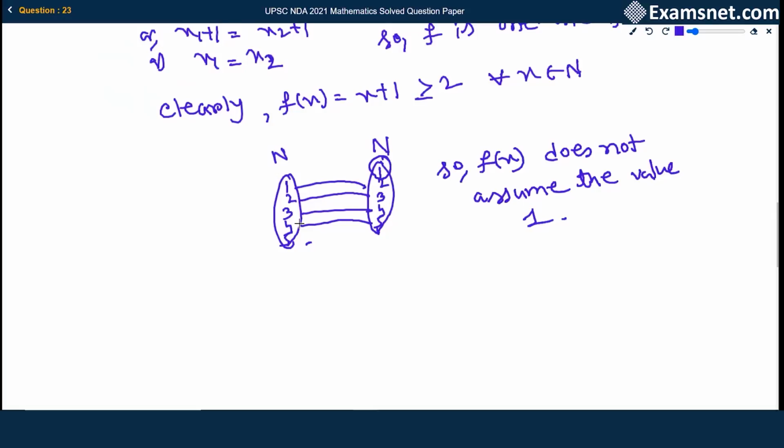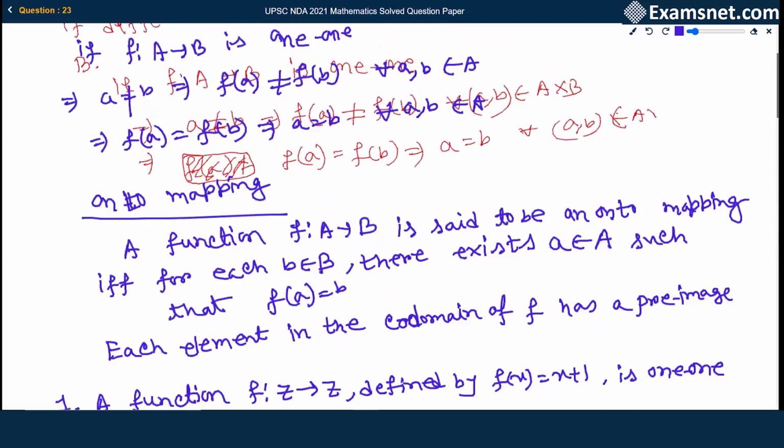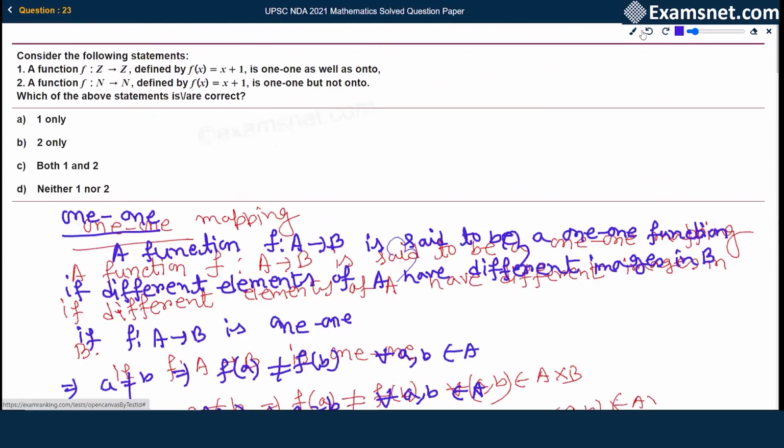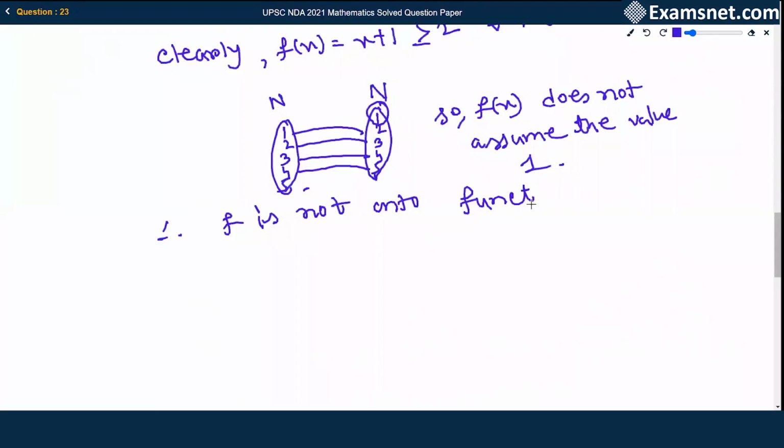That means it violates the condition of onto. So f is not an onto function.